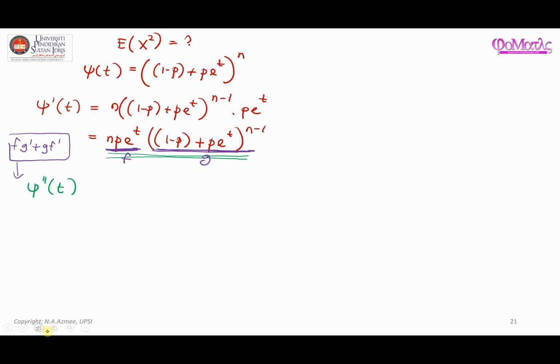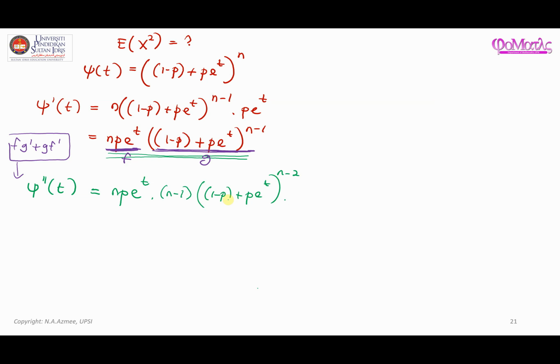So f is just npe^t, and then g': I'm going to differentiate this whole thing using the chain rule. The power is brought forward, n - 1, maintain whatever is in the bracket, 1 - p + pe^t, and the power at the top becomes n - 1 - 1, which is n - 2. Then you differentiate whatever is in the bracket.